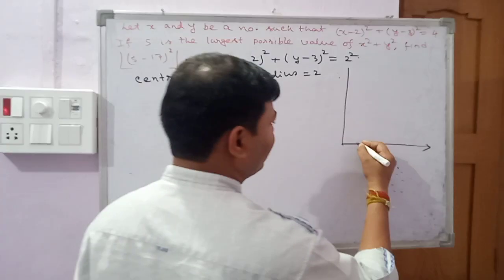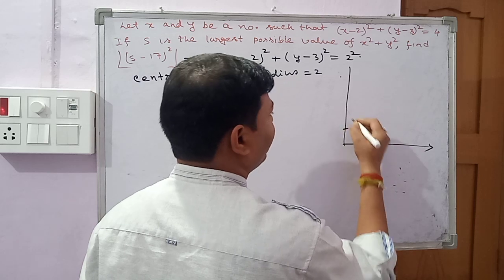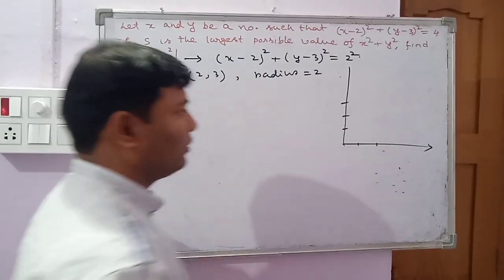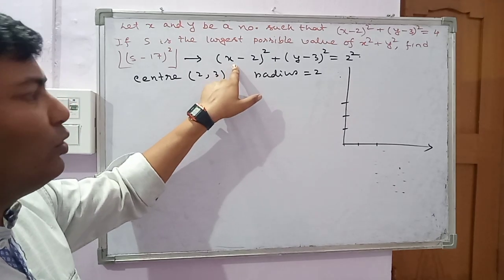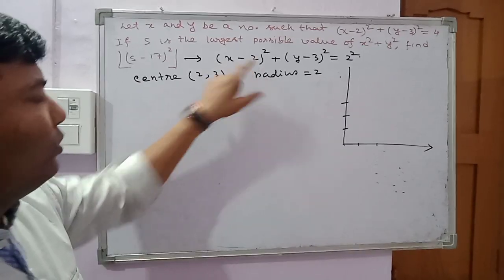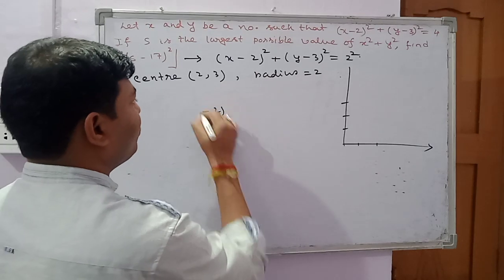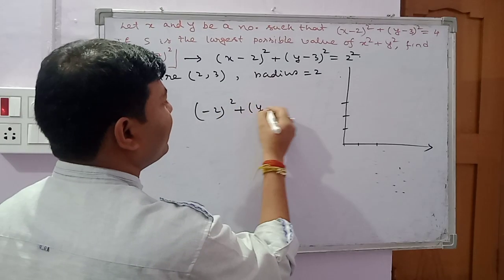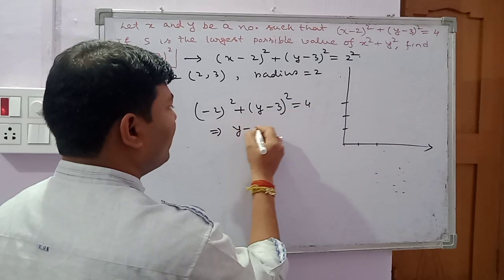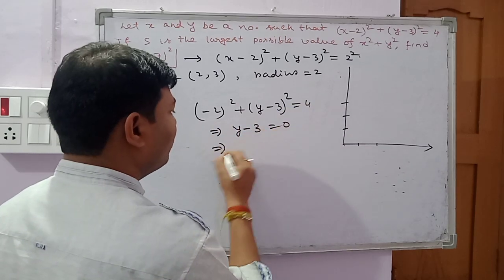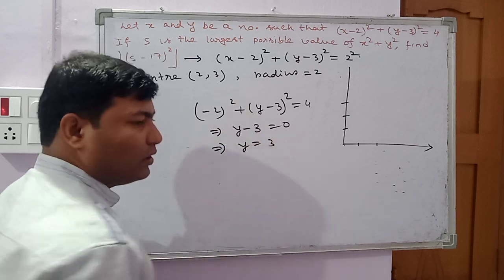So let us first try to draw a rough sketch of this. If we put x equals 0, this will be (minus 2) whole squared plus (y minus 3) whole squared equals 4, which gives y minus 3 equals 0, that is y equals 3.